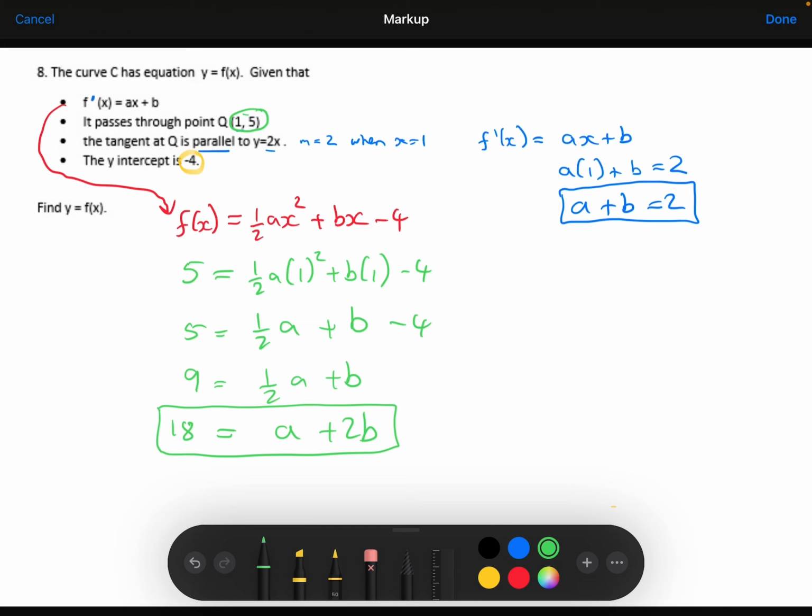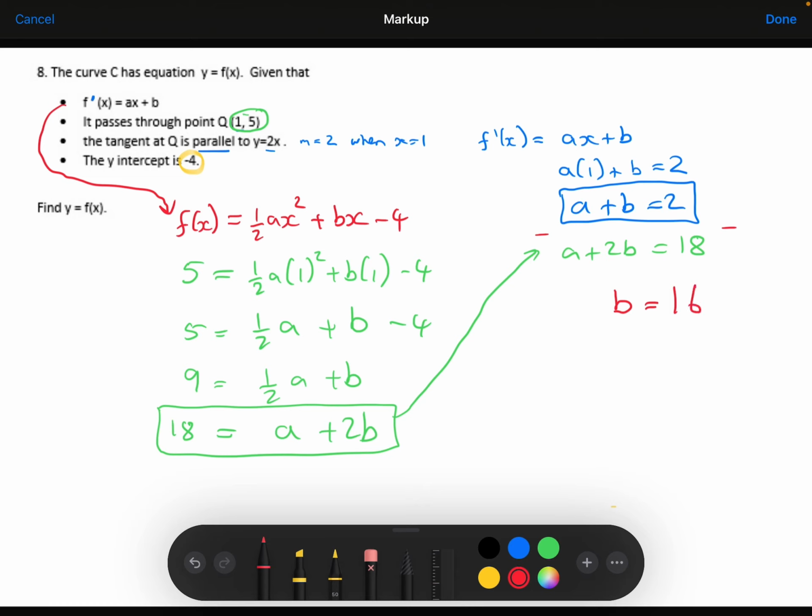And now I'm going to use simultaneous equations to work out what a and b are. So if I subtract these equations from one another, the a's will be eliminated. So a take away a is 0, the 2b take away b is b, the 18 take away 2 is 16.